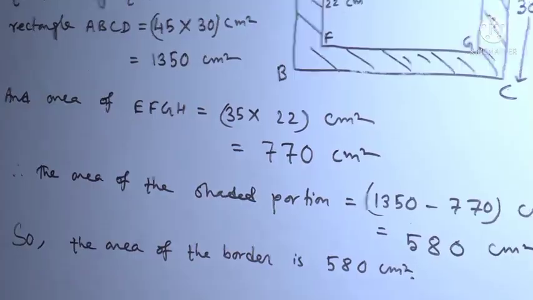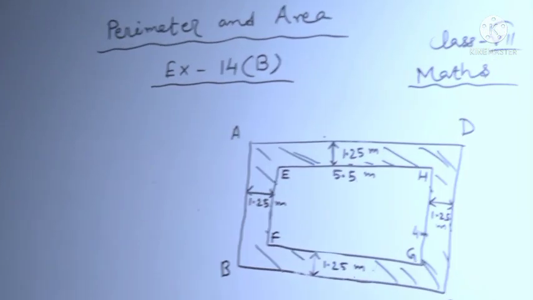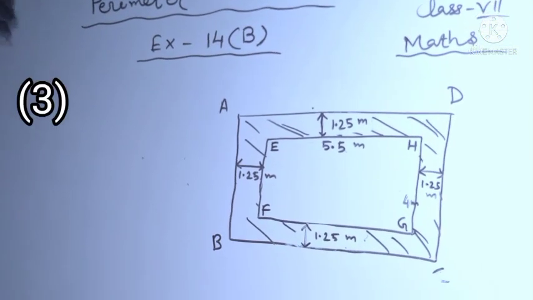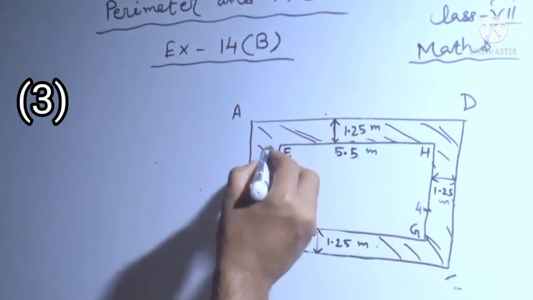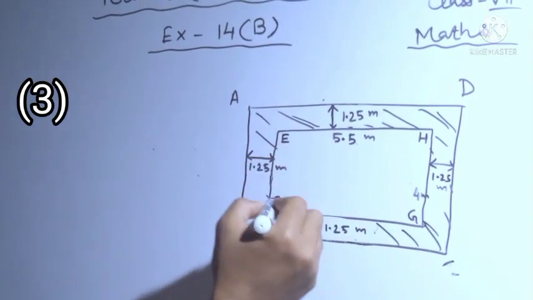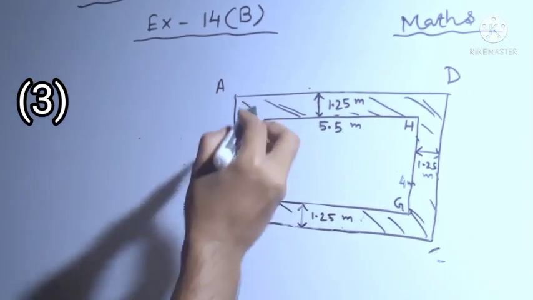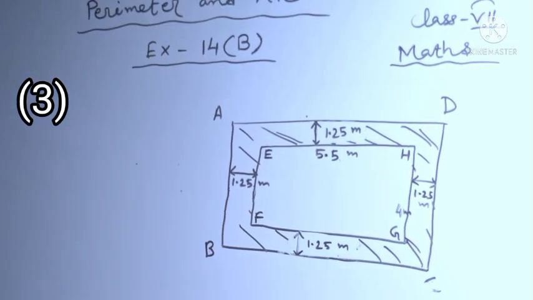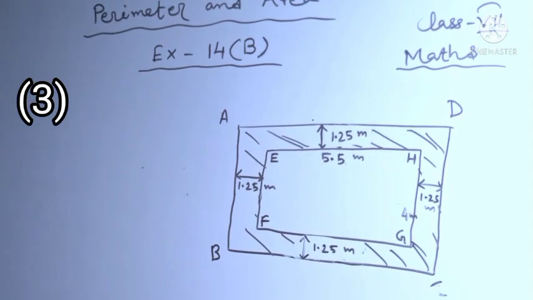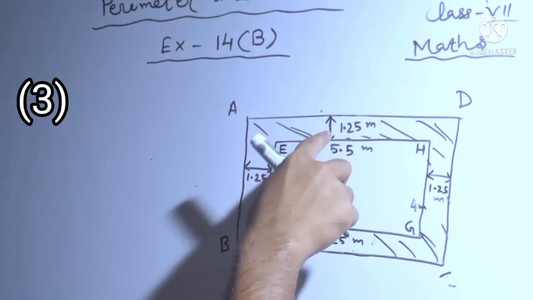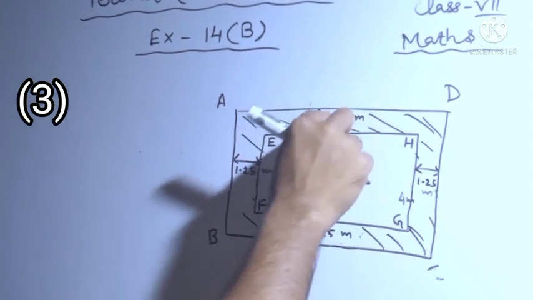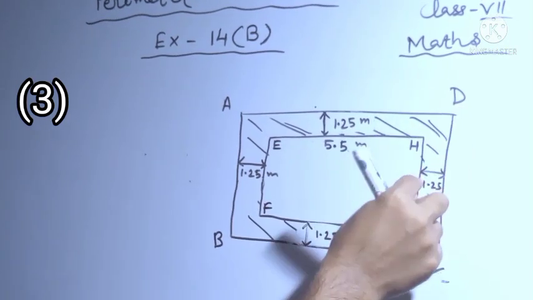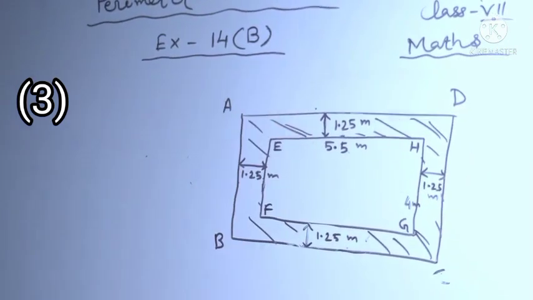Okay, our next problem is problem number 3. In this problem there is a room EFGH, okay, and outside the room there is a veranda, okay, which is 1.25 meter wide. That means breadth is 1.25 wide, okay, 1.25 all around.